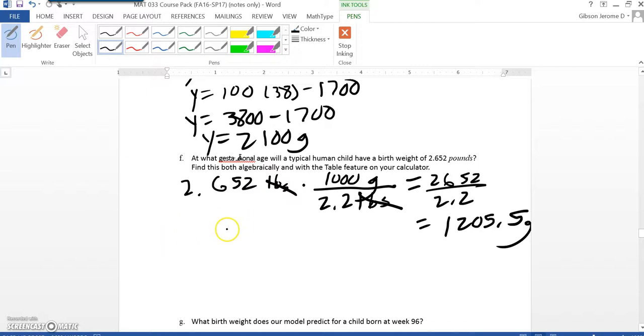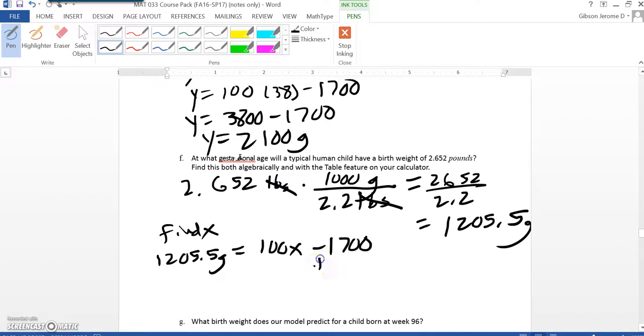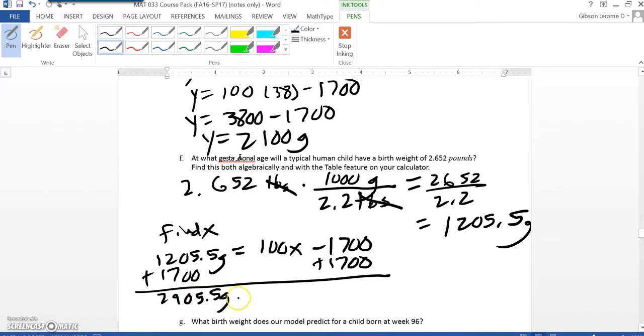And so now we have to find x. So we will have the total amount, 1,205.5 grams, is equal to 100x minus 1,700. So we add 1,700 on both sides. So it'll be 2,905.5 grams is equal to 100x.